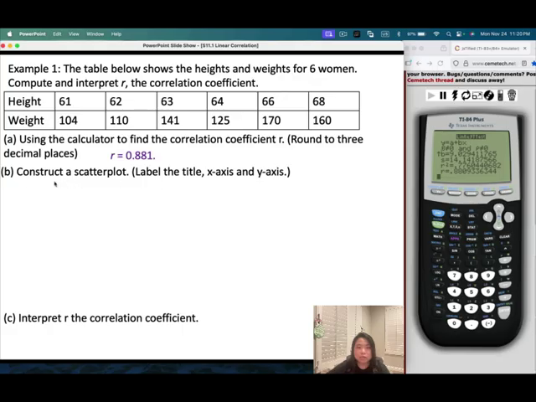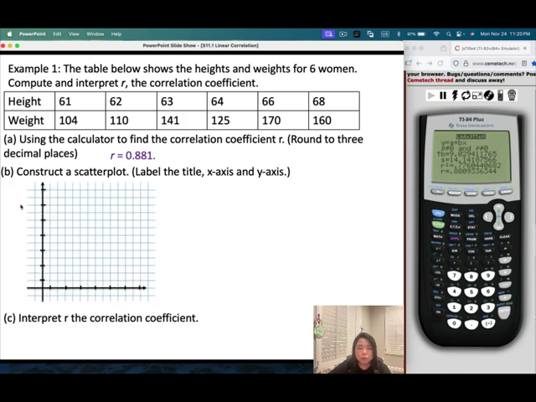And then construct a scatter plot. There are 2 ways to do it. First, we'll be using the graph paper. Try to input the ordered pairs on this graph paper. But before that, I need you to label the title, x-axis, and y-axis. So the title is weight and height.